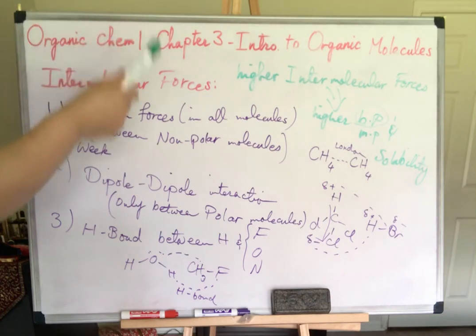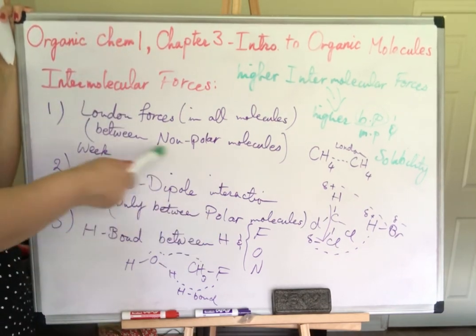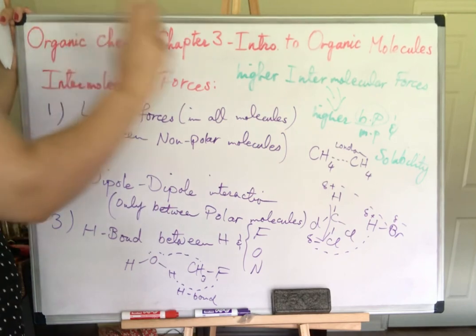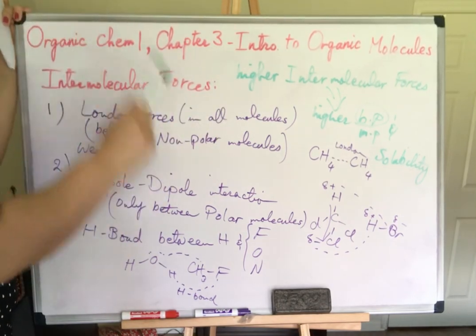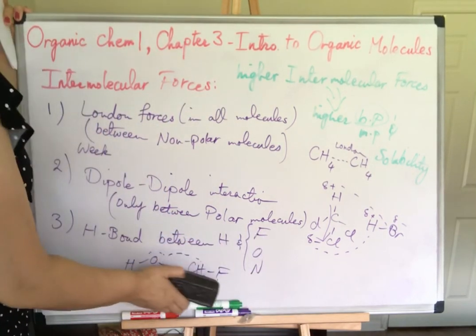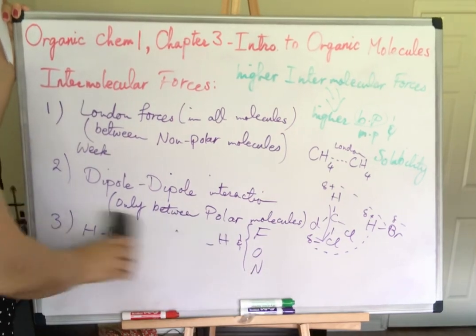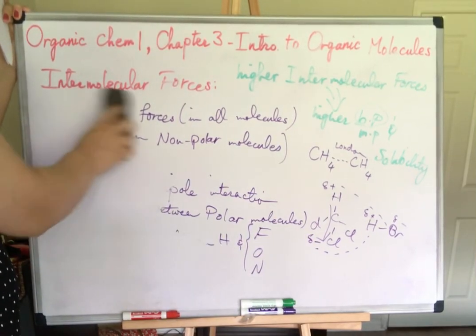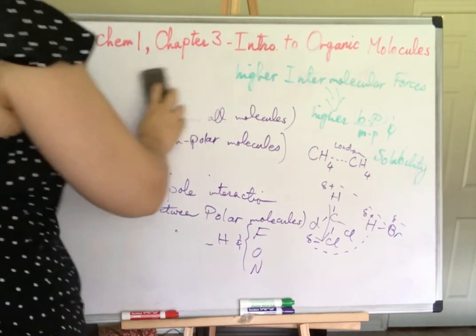So the higher the intermolecular forces, like the molecules with hydrogen bonding, they will show higher solubility and higher boiling point if they're in the liquid form. And also for the solids, we will have a higher melting point.